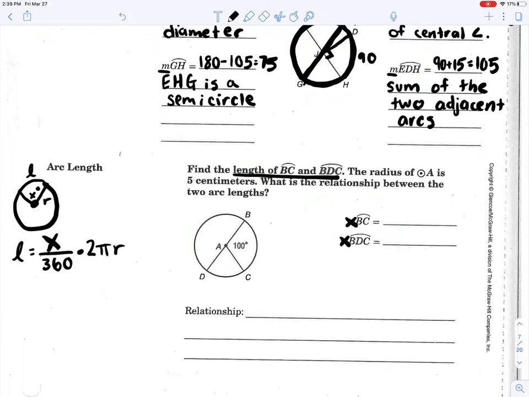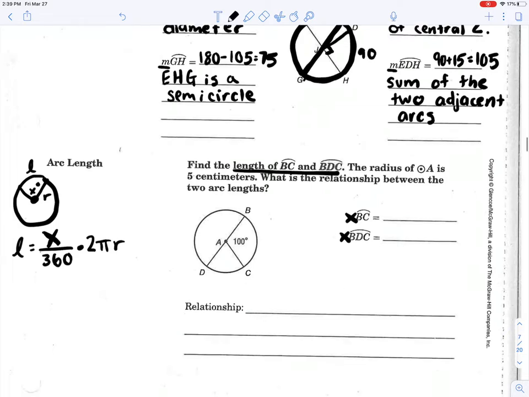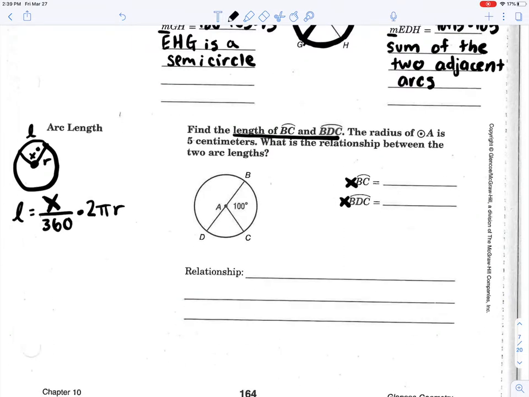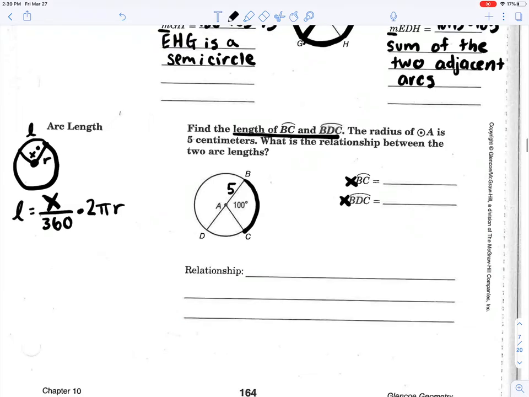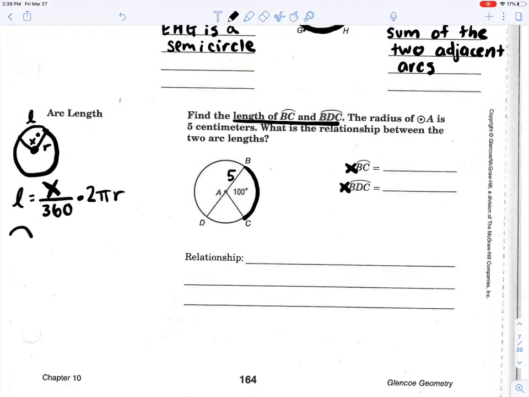So we actually need to cross this out because the question's asking us for length, not for the measure. It says the radius of circle A is 5. What is the relationship between the two arcs? Let's start with arc BC. If I'm supposed to find the length of arc BC, I see that the central angle is 100 and I know my r is 5.